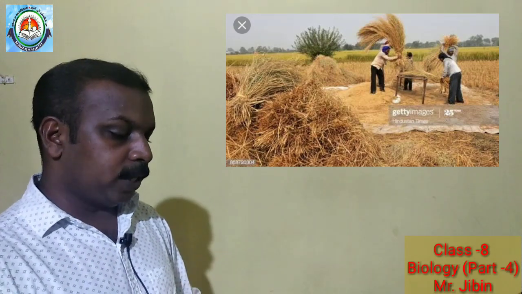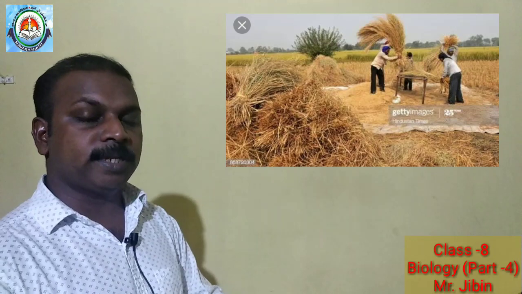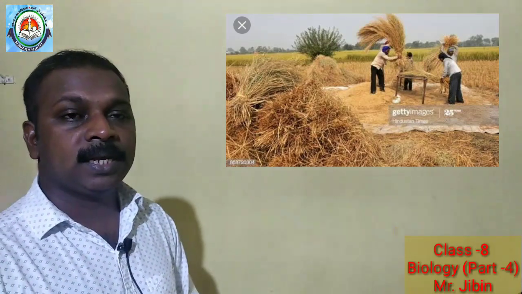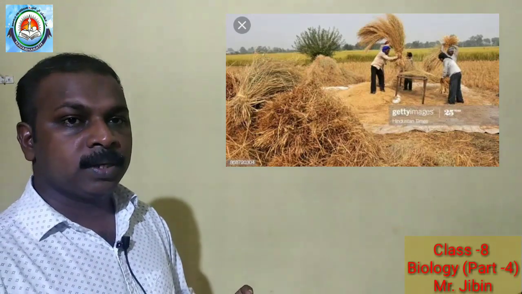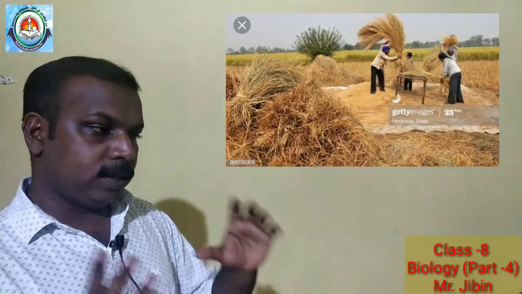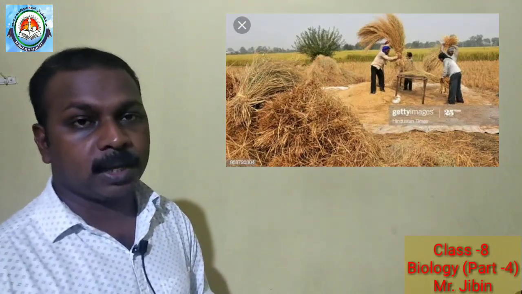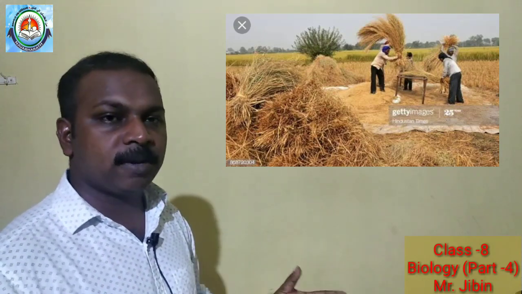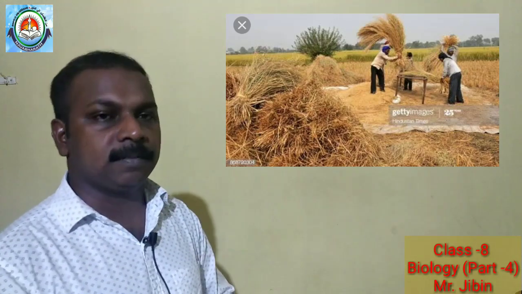Threshing means making them into bundles by tying with a rope or something, and farmers start to beat them, taking them and beating them on any hard substance like rocks. So what may happen? These grains get separated from the stem. So in this way threshing is done.